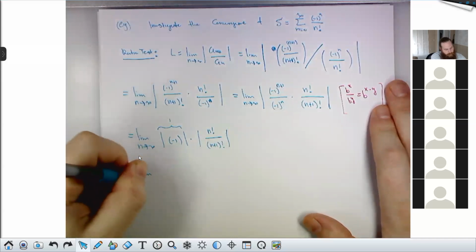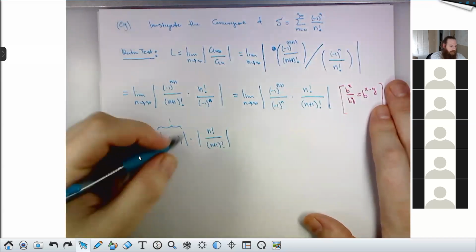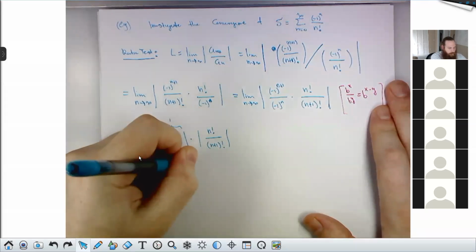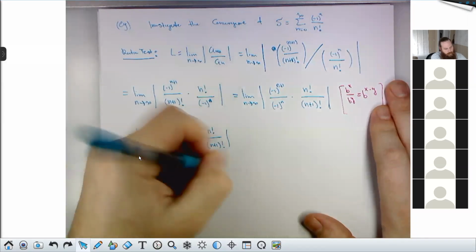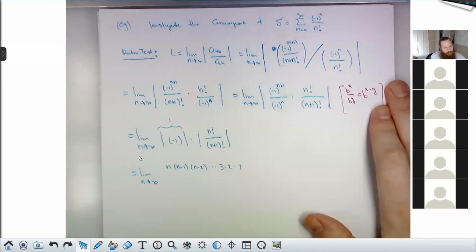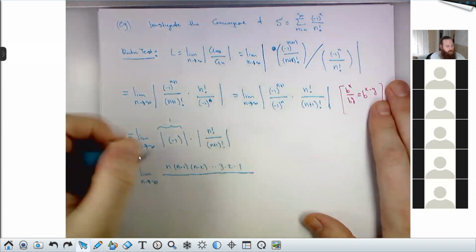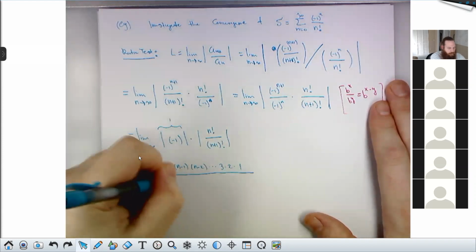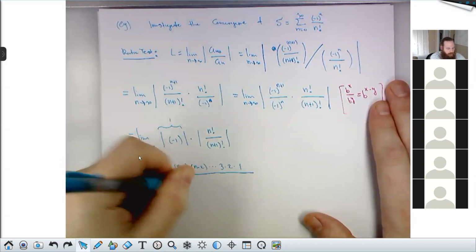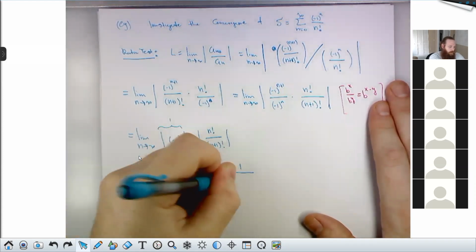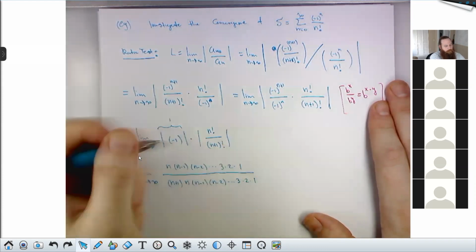And I get lim n to infinity n factorial, which is n times n minus 1 times n minus 2, all the way down to 3 times 2 times 1. That's the definition of n factorial. It's the product of all the numbers less than or equal to n, divided by n plus 1 factorial, which is n plus 1 times n times n minus 1 times n minus 2, all the way down to 3 times 2 times 1.